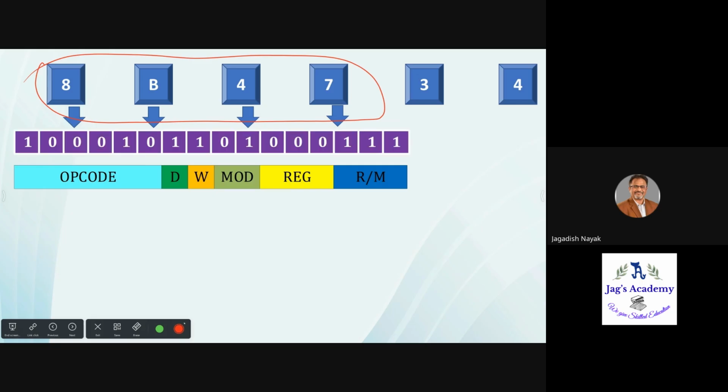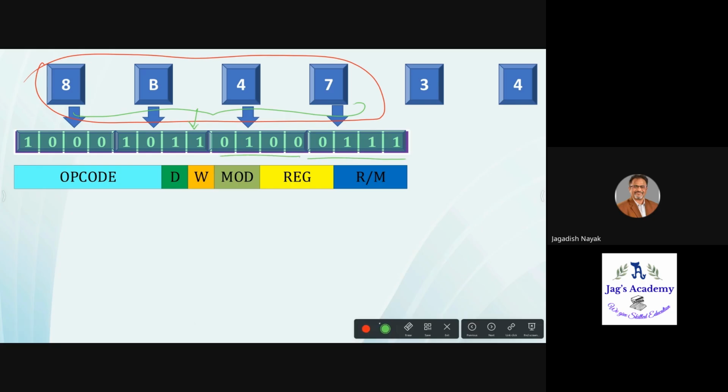Now you know the instruction format. I'll repeat again. This is your 16-bit instruction. First, convert it into binary: 8 is 1000, B is 1011, 4 is 0100, 7 is 0111.